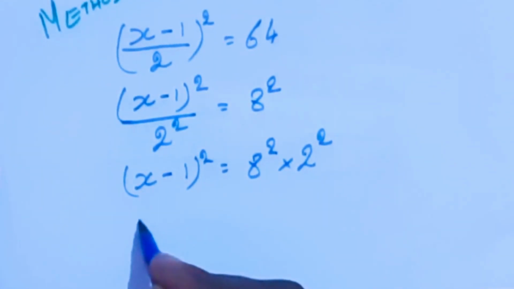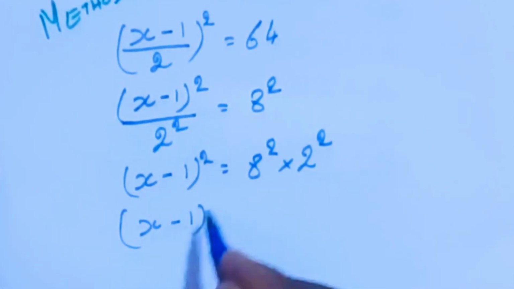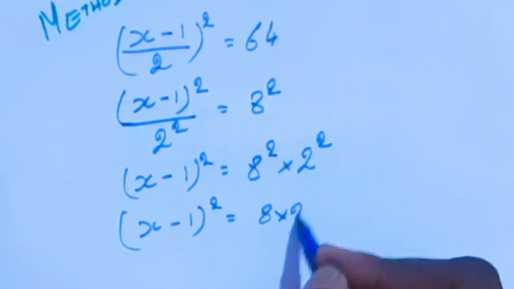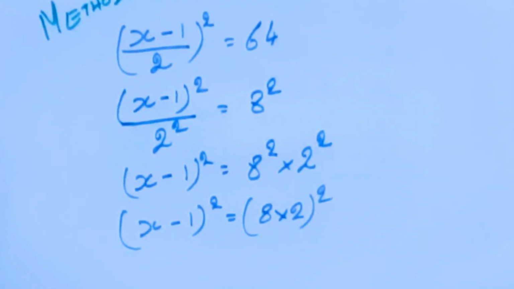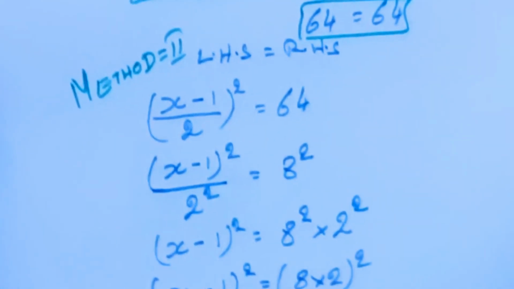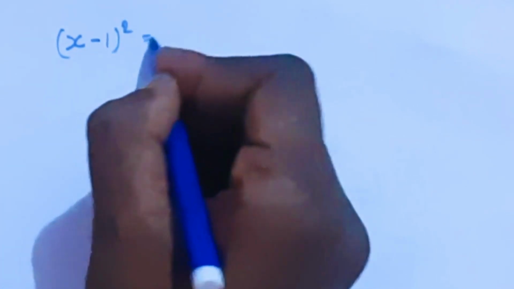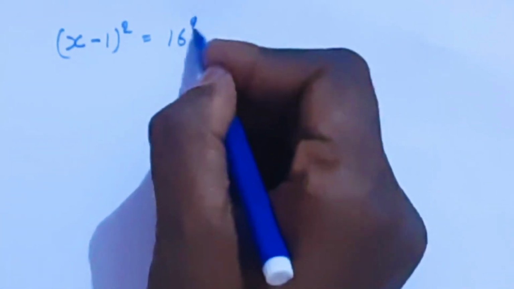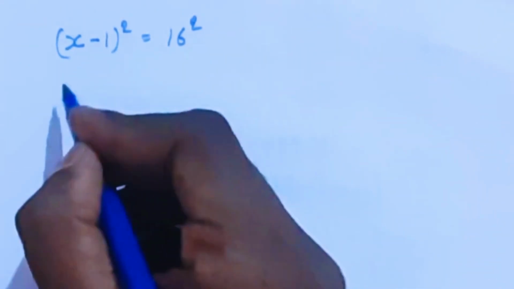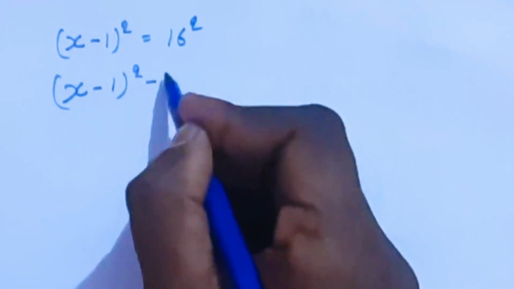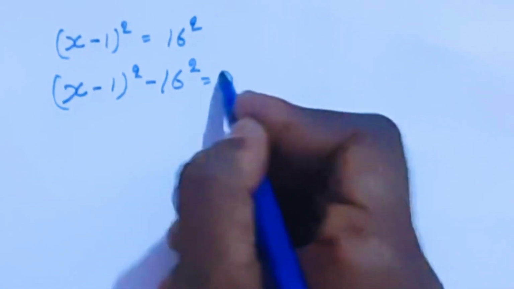Now (x − 1)² equals, this can be written as (8 times 2)². (x − 1)² equals 16². Now moving the 16² to the left hand side, so (x − 1)² − 16² equals 0.